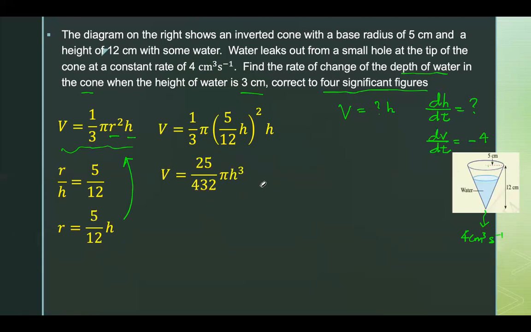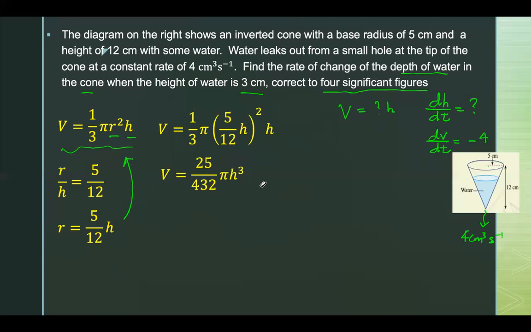Okay, so let's make sure it's correct. 1/3 times 5/12 square. So you have 25/432 pi H cube.